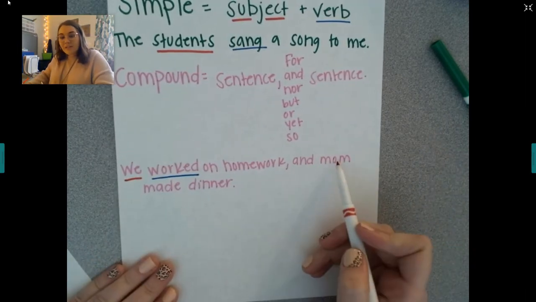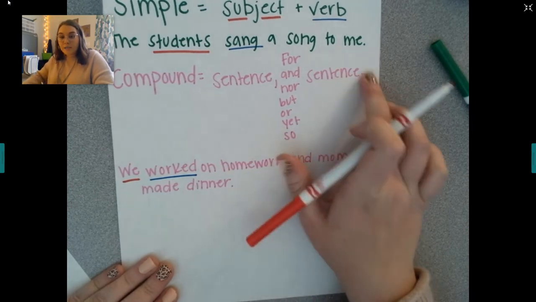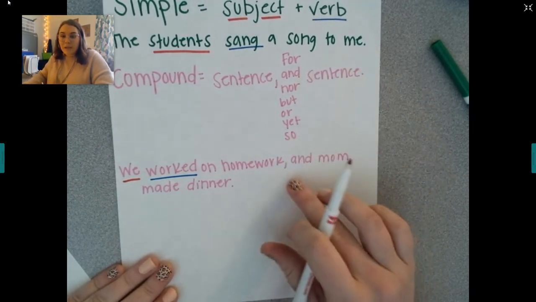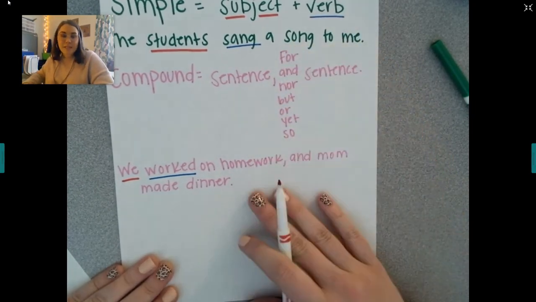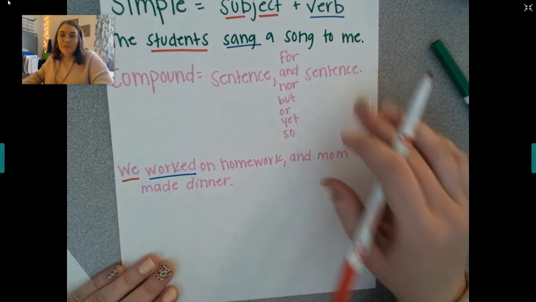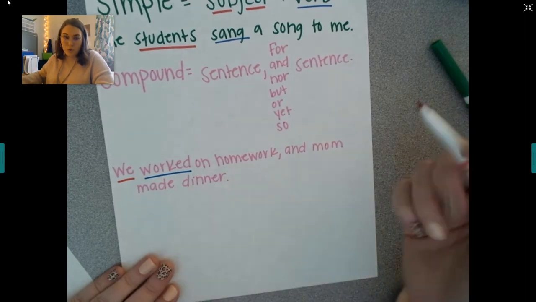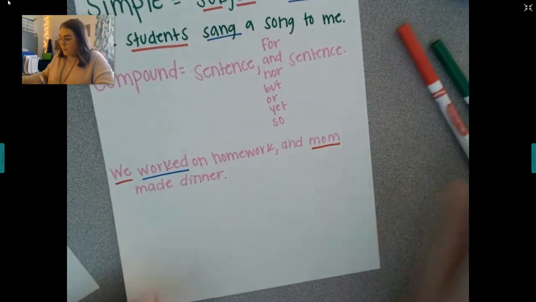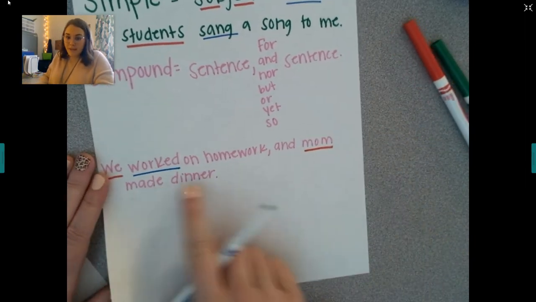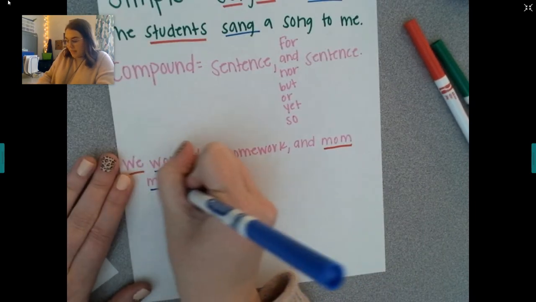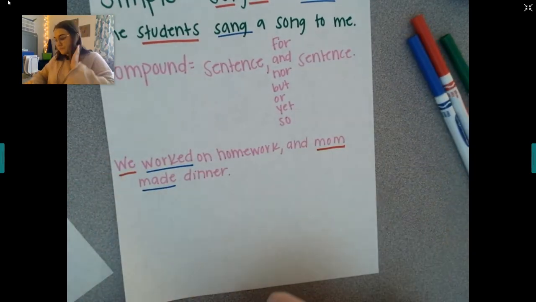So now on the other side, because the fanboy kind of splits your sentence in half, we are going to have another subject and another verb. So who's the who? Mom made dinner. The who is mom. And what did mom do? Well, she made dinner, and I'm just going to put made because that's what she did.